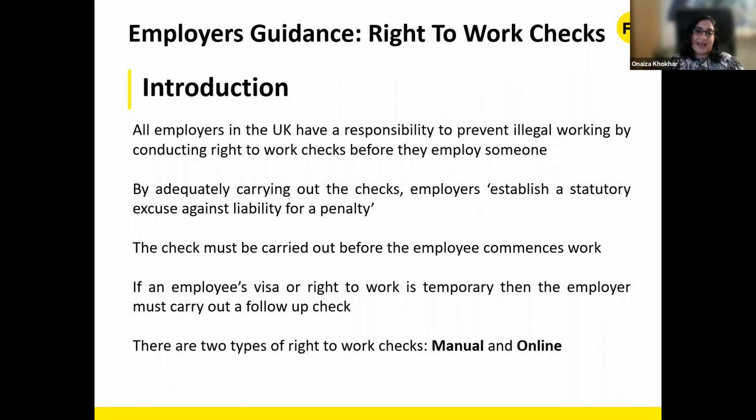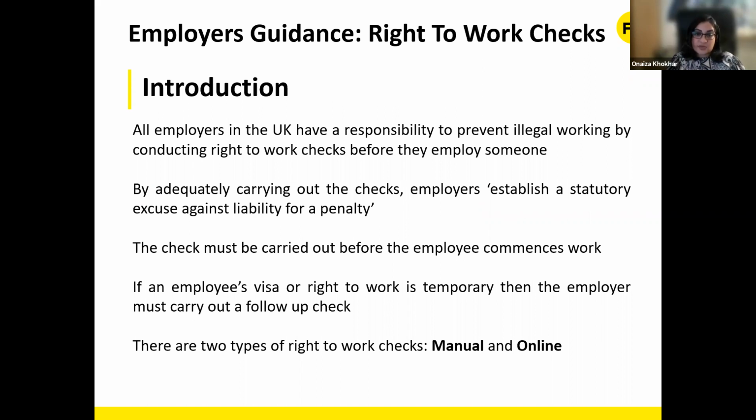If, however, they had a temporary visa, for example, a spouse visa, which is valid for 2.5 years, you would need to ensure that you diarise to carry out a follow-up check shortly before the visa expires. You need to ensure that it's diarised in such a way that if your HR staff changes, then the new HR will already be aware of the relevant date. So it's not in the HR employee's personal calendar, which is not going to get moved on, for example.